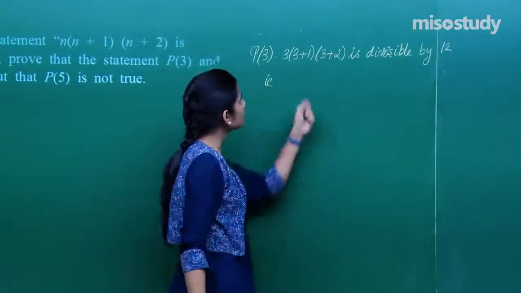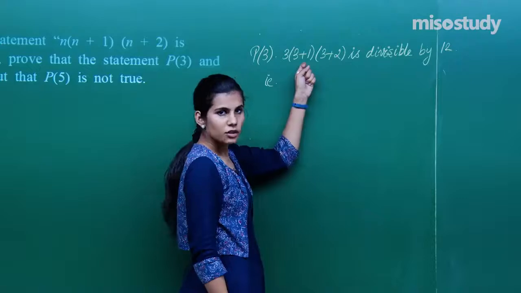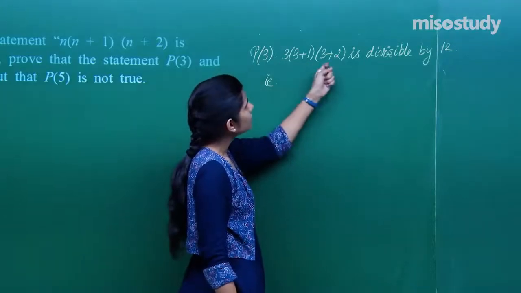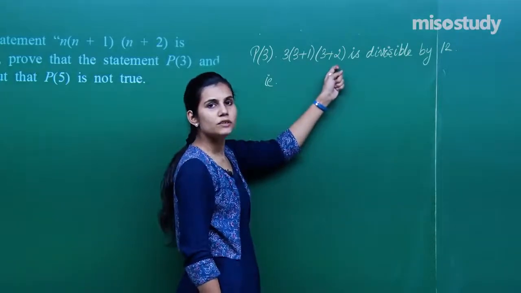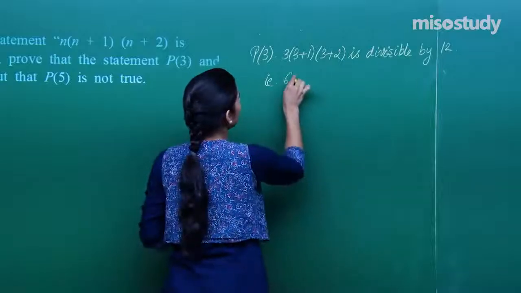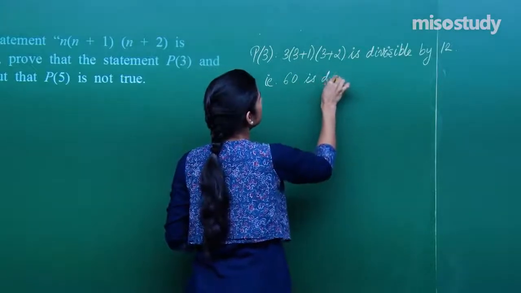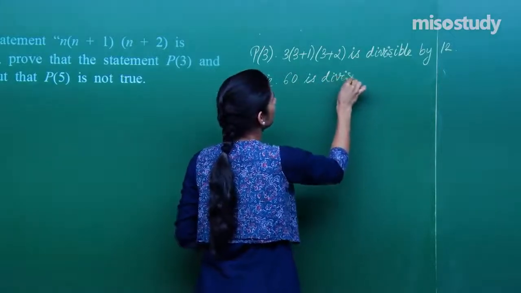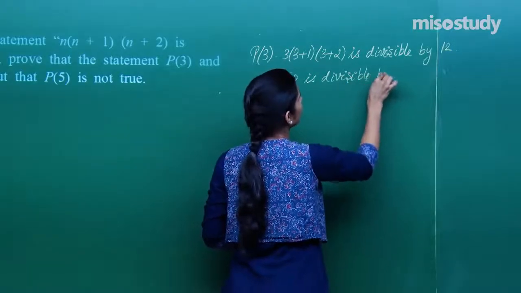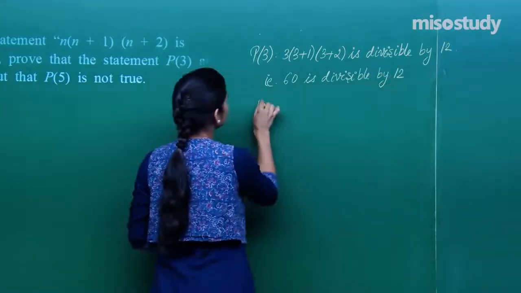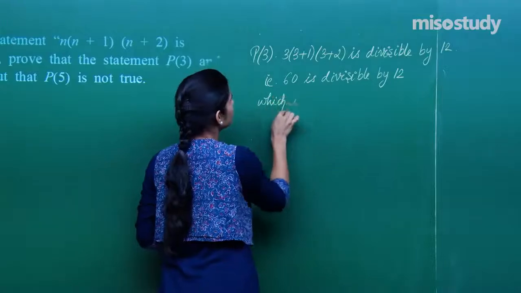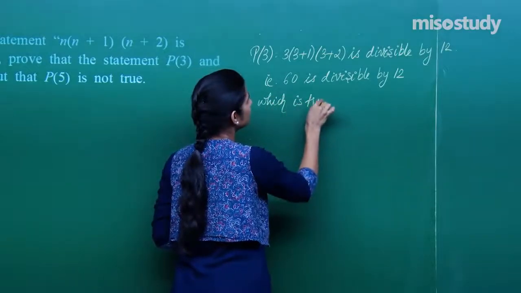That is what? 3 plus 1 is 4, 4 into 3 is 12, 3 plus 2 is 5, 12 into 5 is 60. So, you have 60 is divisible by 12. Clearly it is true. So, we have justified that P3 is true.